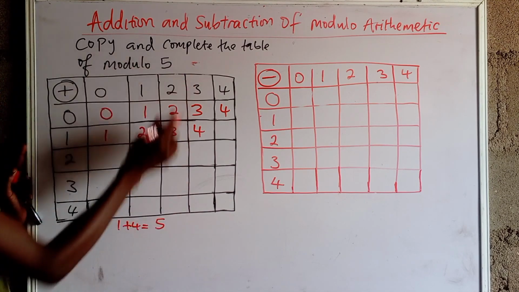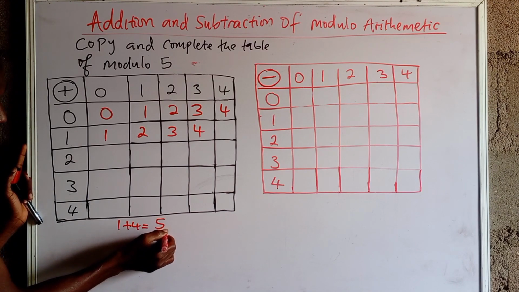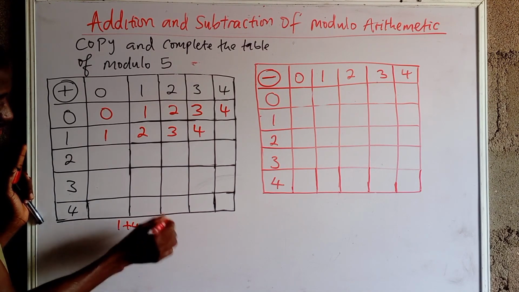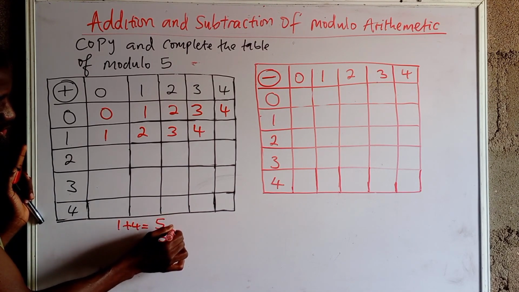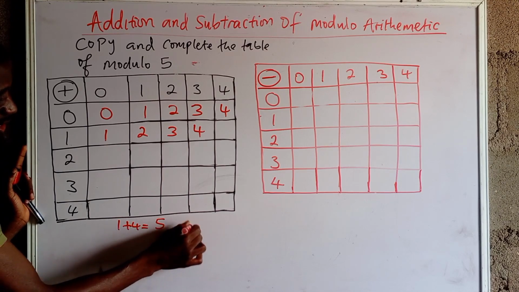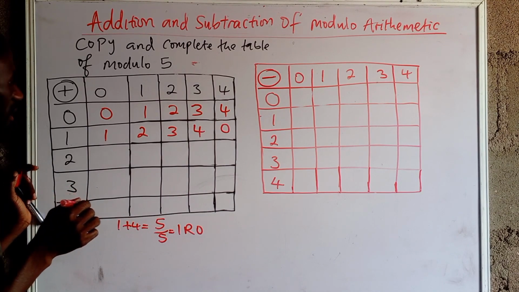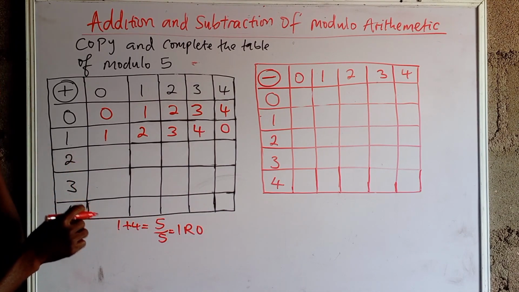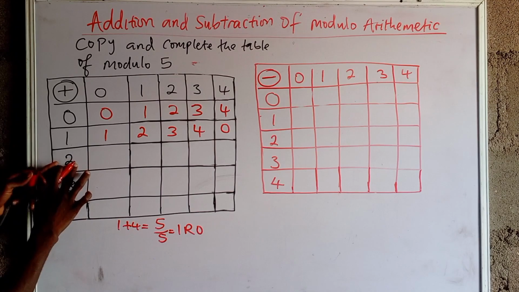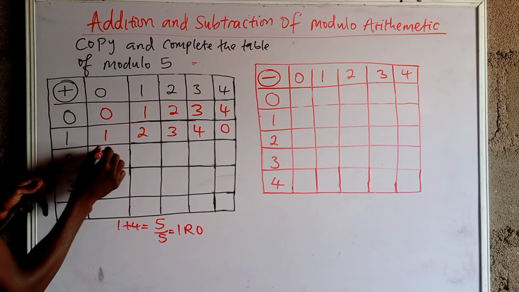It reaches our modulo, so we cannot put 5; we divide it by 5 again. By our modulo, it will give 1 remainder 0. Therefore here is 0.